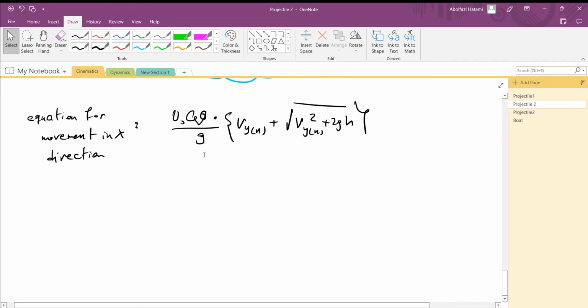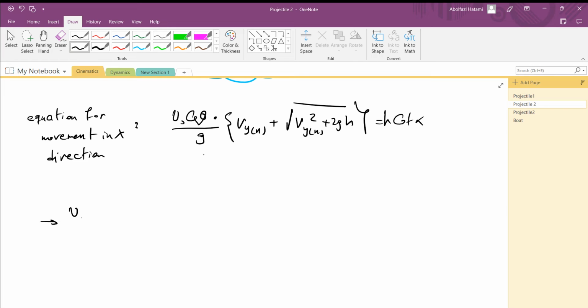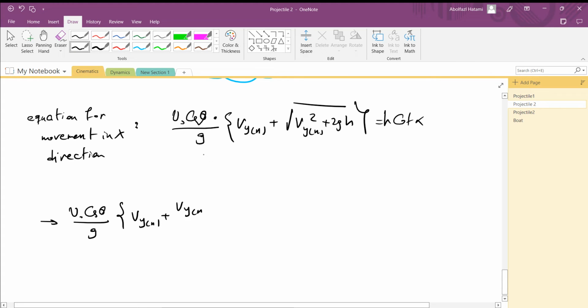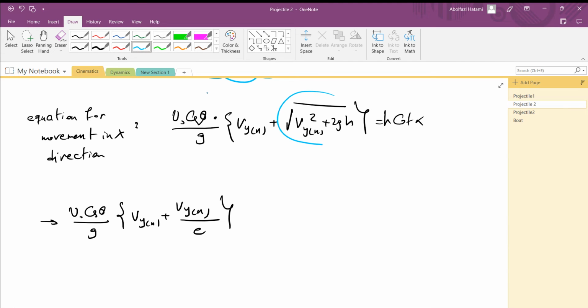So I can write it as h cotangent of alpha, and it's going to be V0 cosine of theta over g times Vy of n plus Vy of n over e. Actually, these two equations are the same.